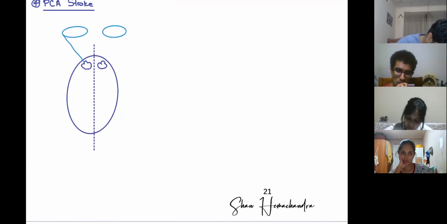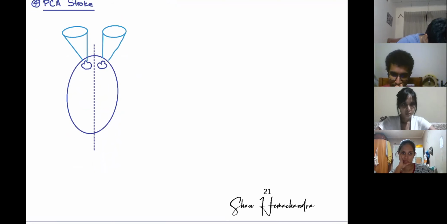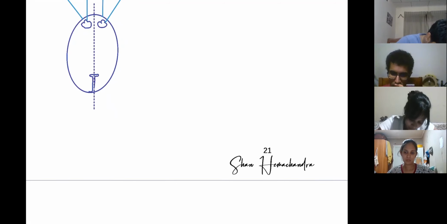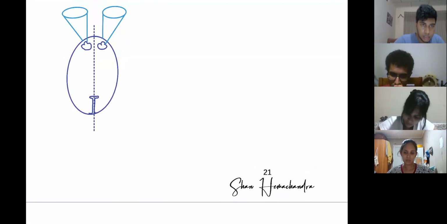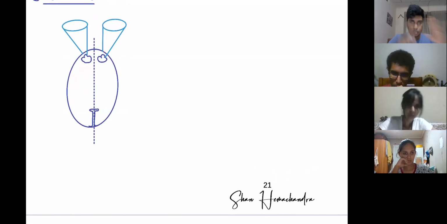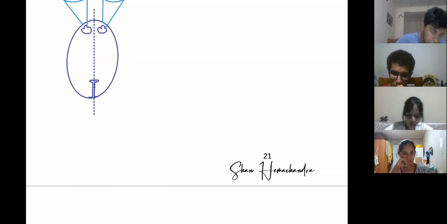So basically what I'm drawing is the thing you learn in anatomy about the visual defects. Now, what you need to know is reception, like the reception of vision. What your eyes see comes to this area.